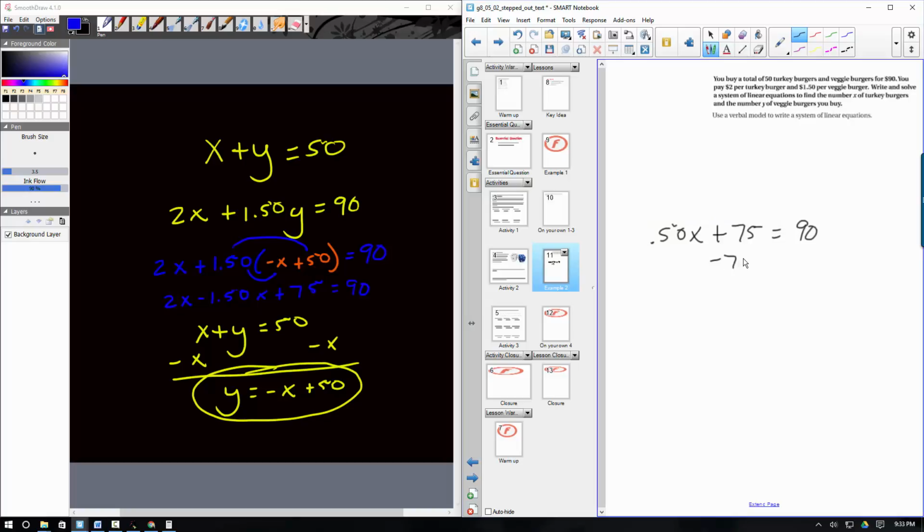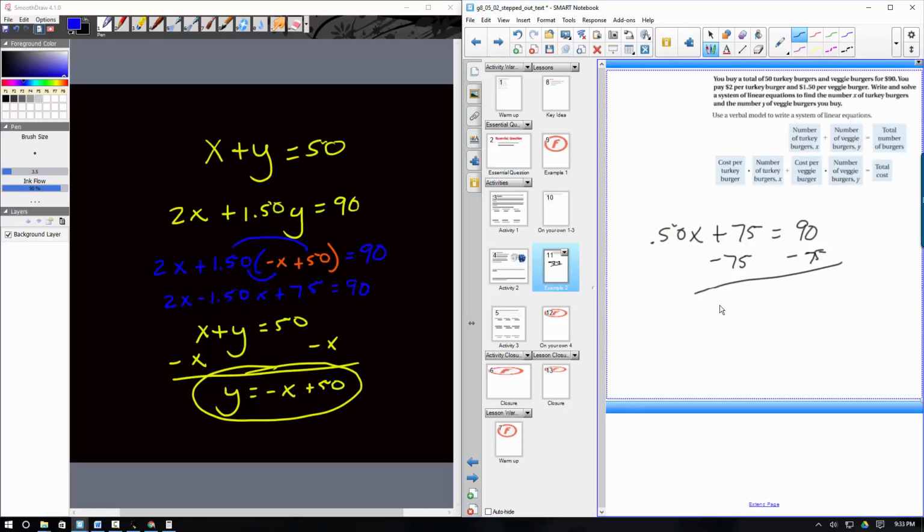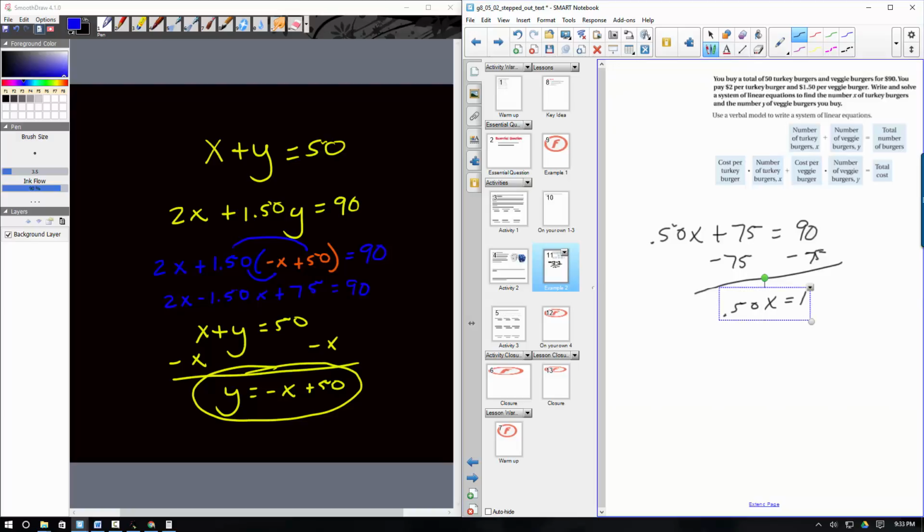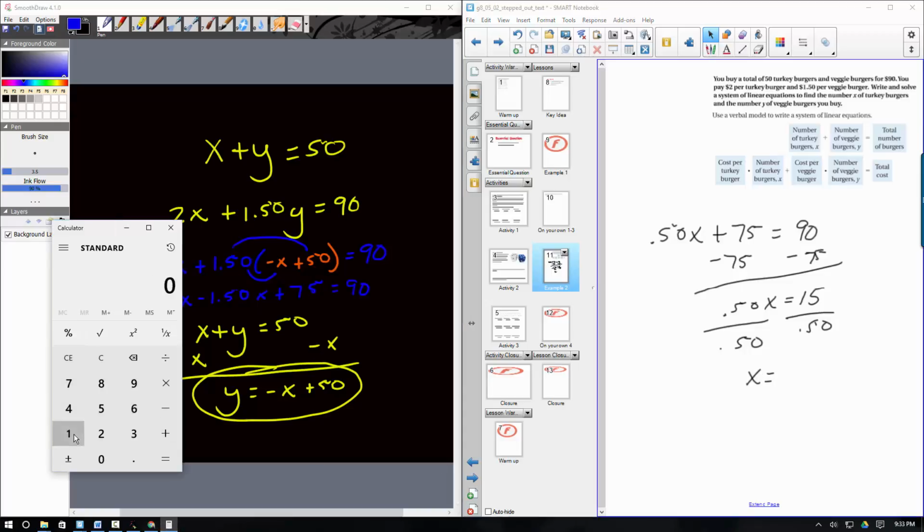I'm going to subtract 75 from both sides, and I'll have 0.50x equals 15. Sorry. And now I have to divide by 0.50, and x equals, so if I take 15 divided by 0.50, I get 30. So x equals 30.